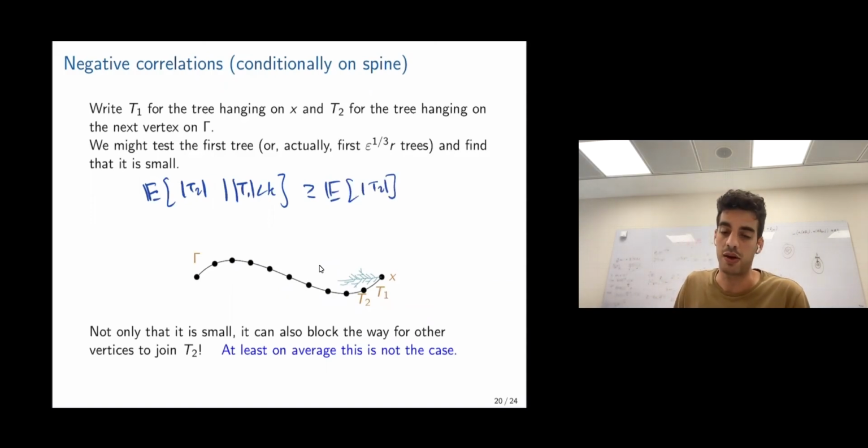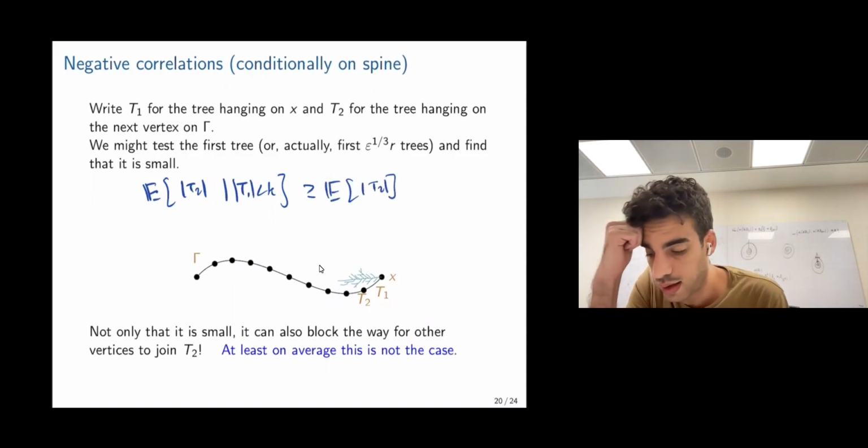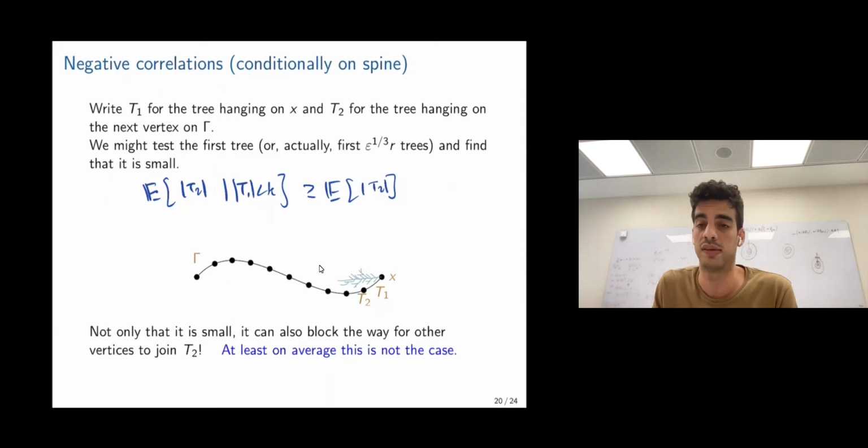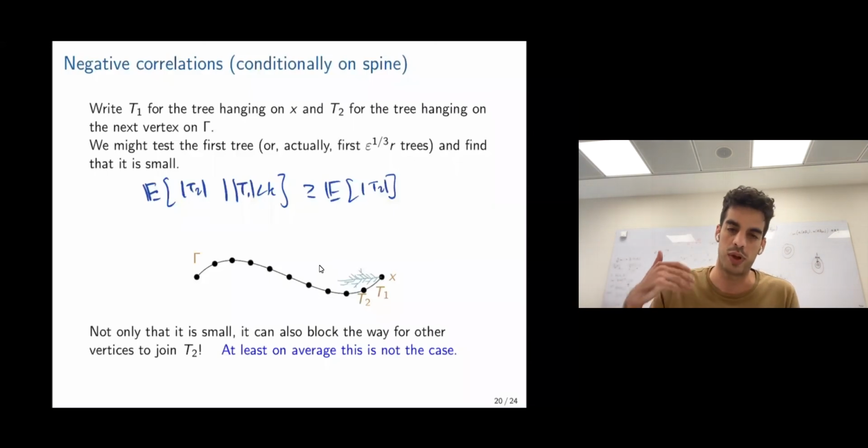And I remind you that for the first batch of trees, we did a second moment argument. So what we want to do is to condition on the failure of the first trial, and then say, okay, we can still run the second moment argument afterwards. So this is taking care of the first moment.